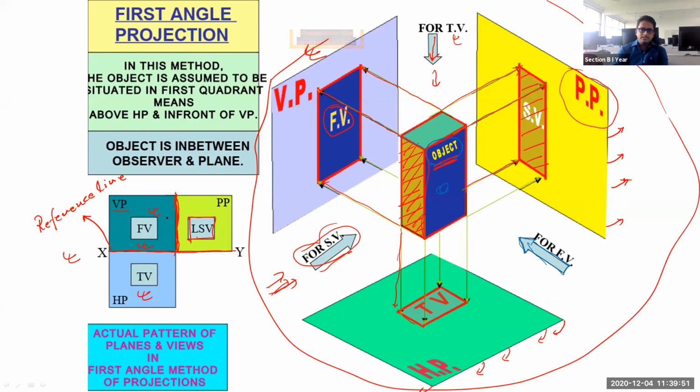Where is the object kept? In first quadrant or third quadrant? Type in the chat box. Is the object placed in first quadrant or third quadrant for the image that is visible to you on your screen?